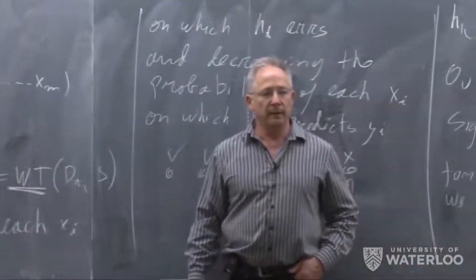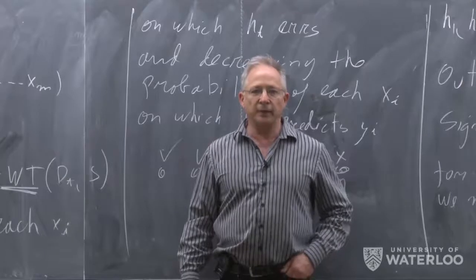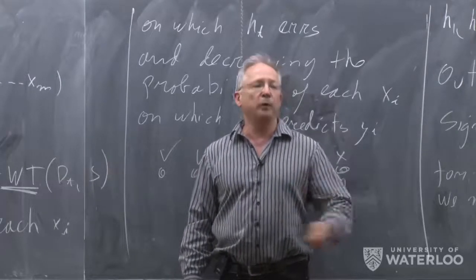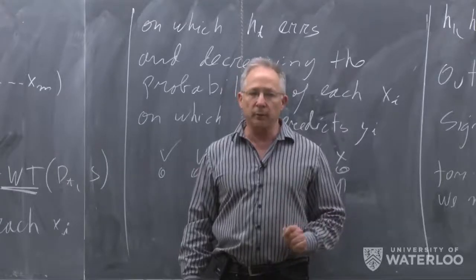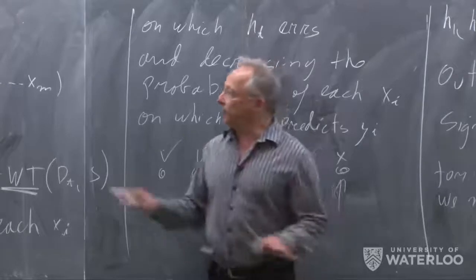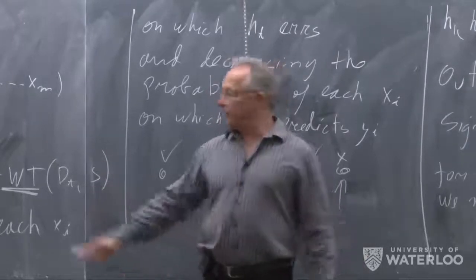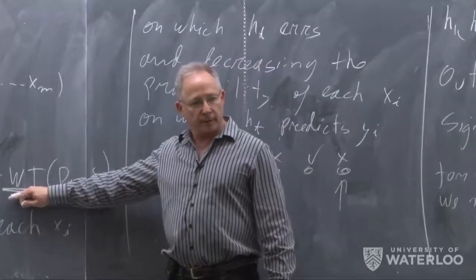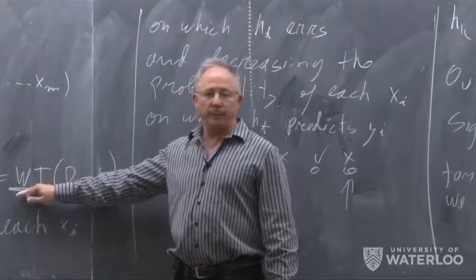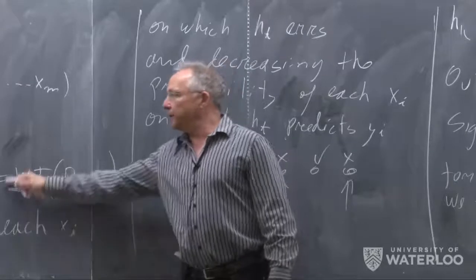Right, I'm just trying to figure out where the h's are coming from. The h's are coming from the weak teacher. If the weak teacher is ERM over B, they will all be from the class B. That's a good question, because I was talking here about two different things. I was talking about ERM over B, and now I'm talking about general learning with weak teachers. Most commonly, the weak teachers will be ERM over B, but the definition is more general than that.